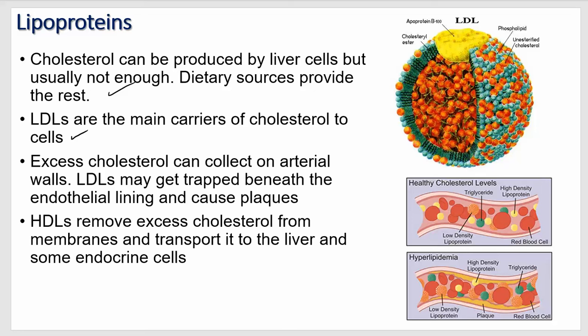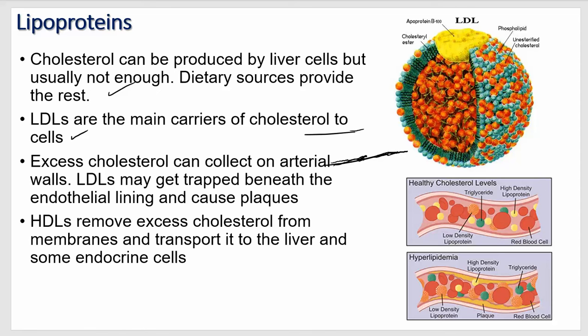Excess cholesterol can attach on arterial walls, and really that can happen through damage of the wall. There can be damage of that internal wall, a lot of times from blood pressure issues, or anything that would cause some kind of damage.